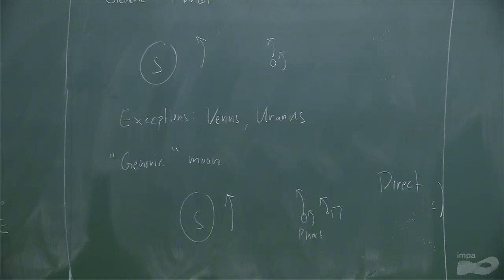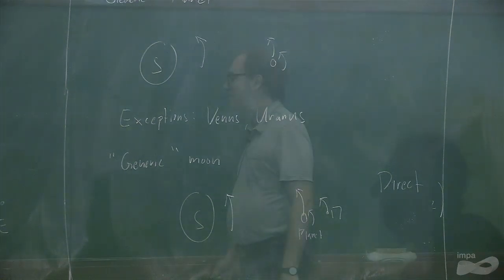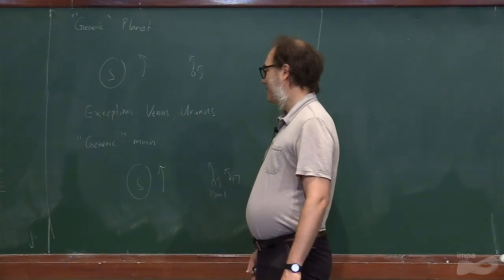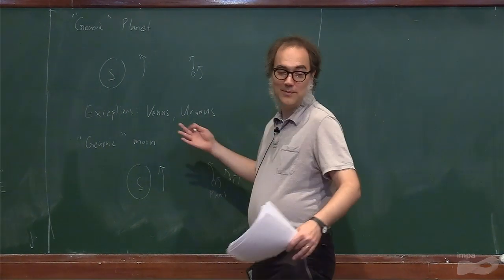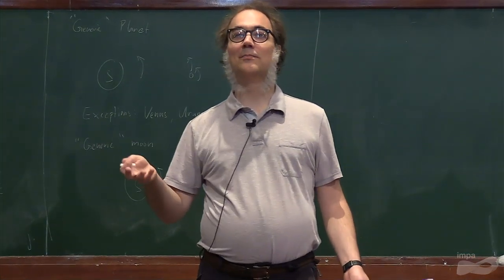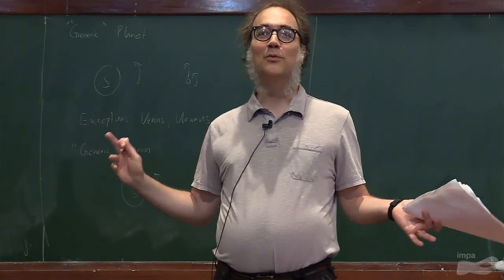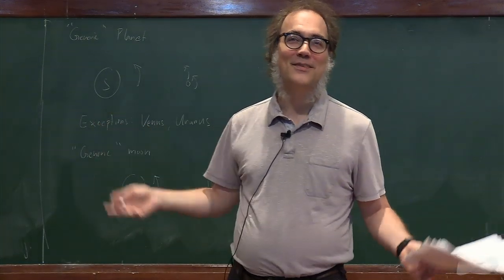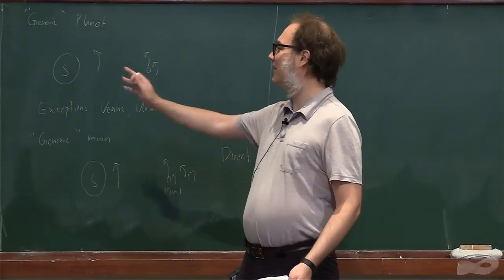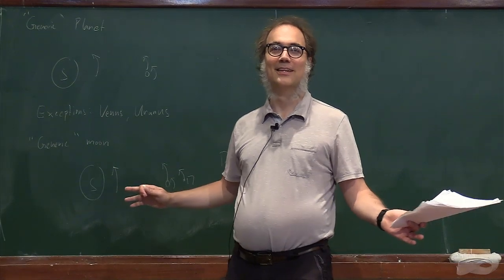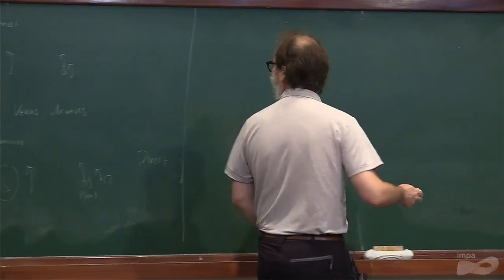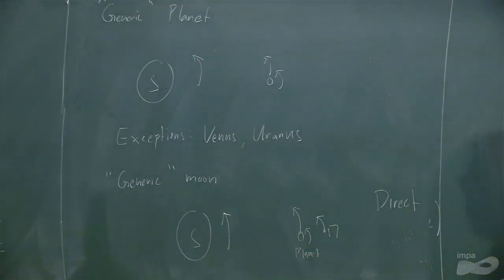No, maybe now we have exoplanets. Probably we also have exomoons, and maybe then one can say more. But now I talk just about our solar system, and you can imagine a bit what's going on, but there's no mathematical statement.